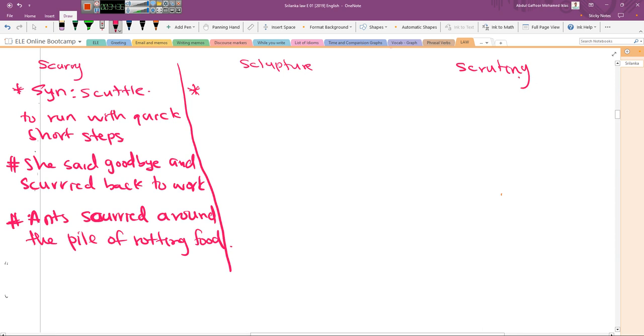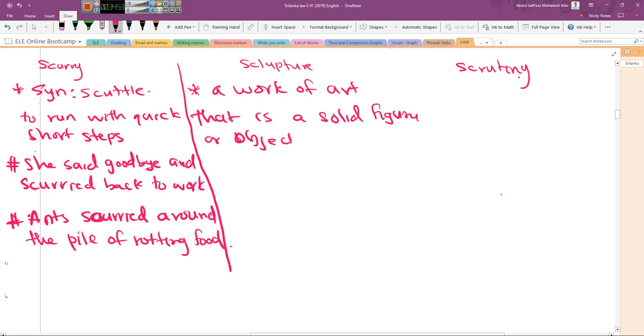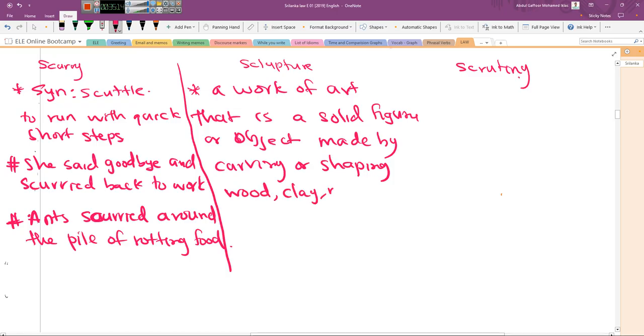A work of art that is a solid figure or object made by carving or shaping wood, stone, clay, metal, etc.